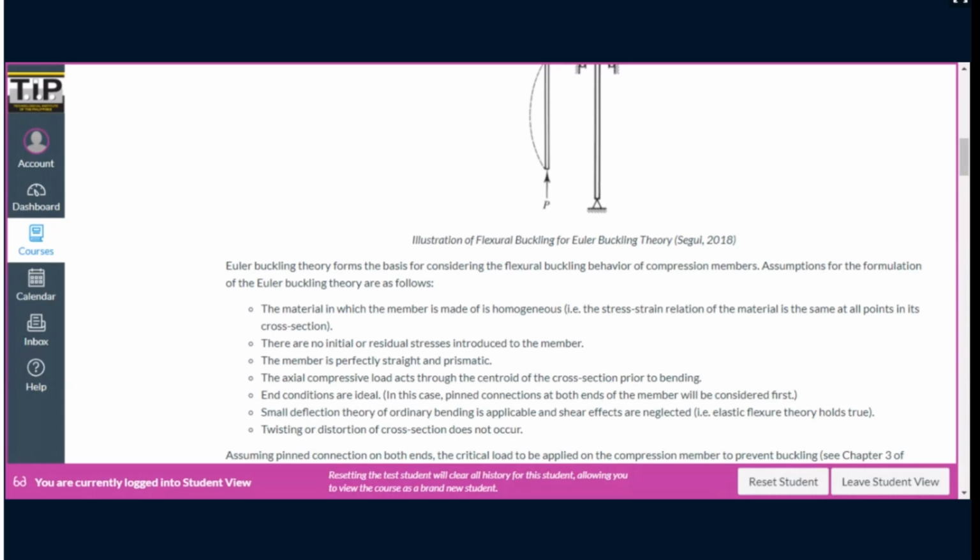The measurement of deflection is significantly smaller compared to its length, so elastic flexure theory holds true. And lastly, twisting or distortion of cross-section does not occur, so no torsion, no local buckling. Only the load will cause stressing of the member.